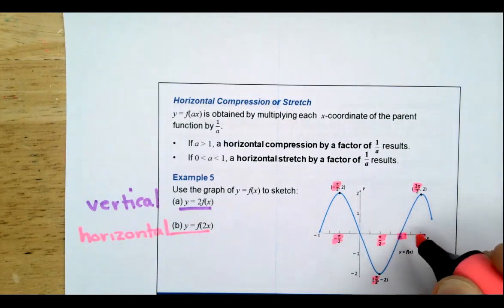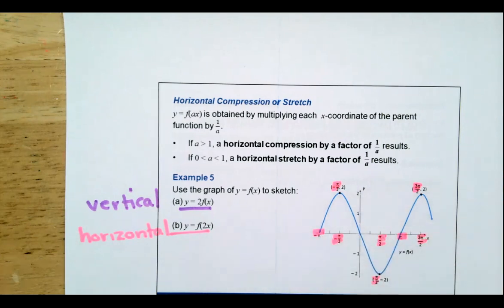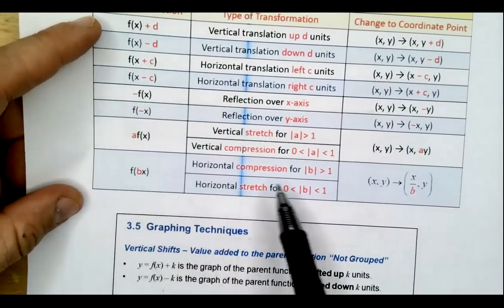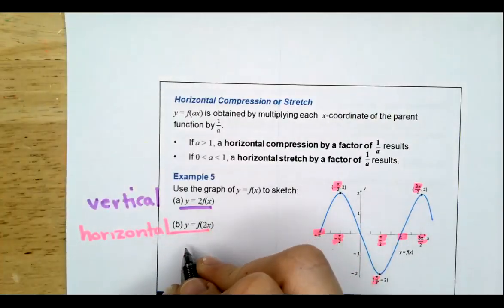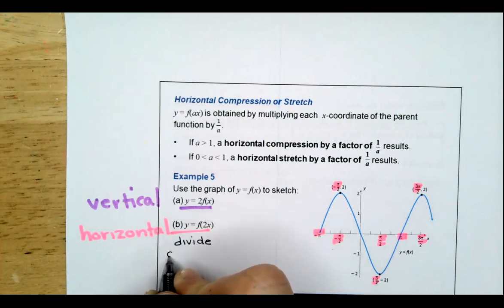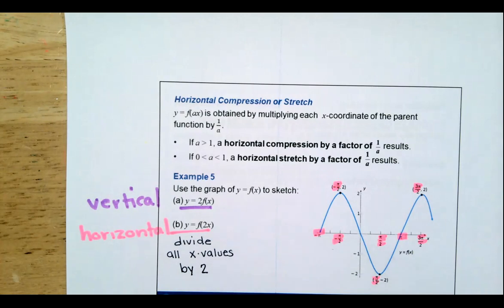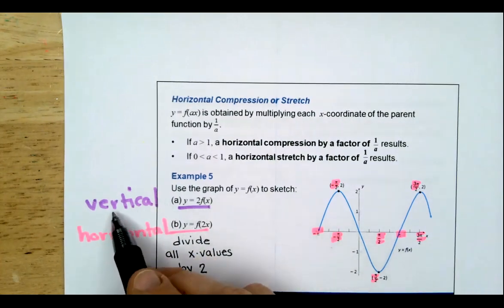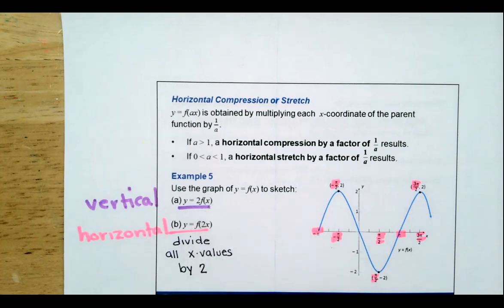Okay, even this guy, pi, 0, 0, it's not really going to change, and negative pi. Okay, when we look at this, f of b of x means we're taking x and dividing it by b. So we're taking all of those and dividing by 2. Divide all x values by 2. And as you can imagine, for the vertical stretch, we're going to multiply all y values by 2. But first, let's do this one.